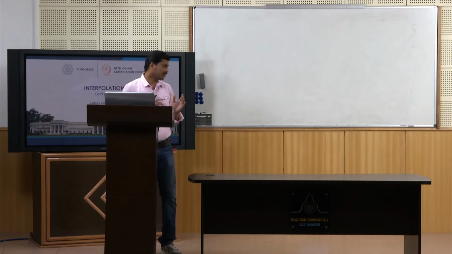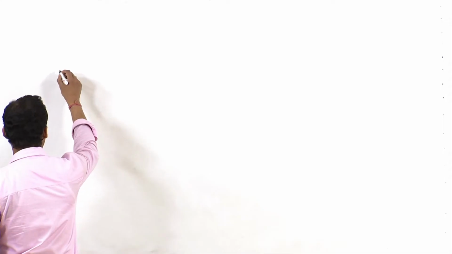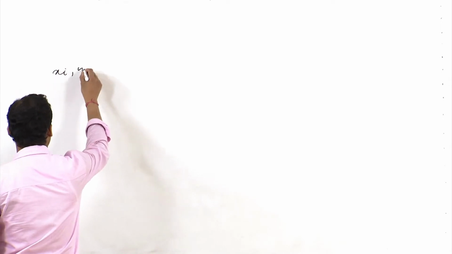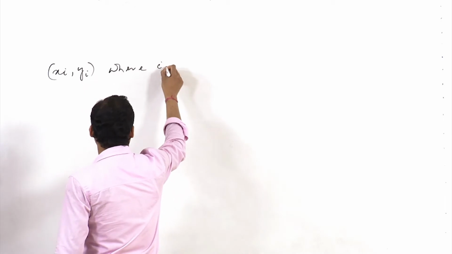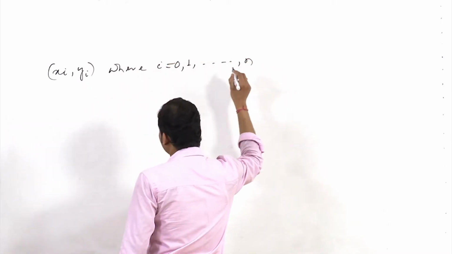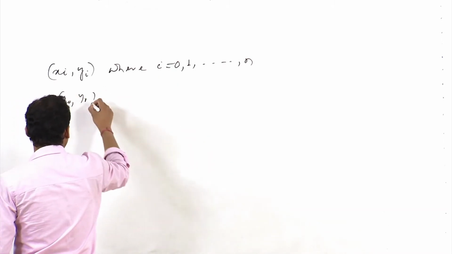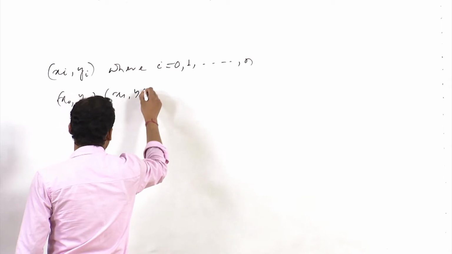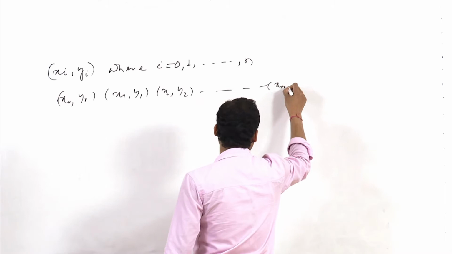Sometimes if you look at the points which are placed here, like if you have the tabular points xi, yi, where i is varying from 0 to n, then these points will be placed like x0, y0, x1, y1, x2, y2 up to xn, yn here.